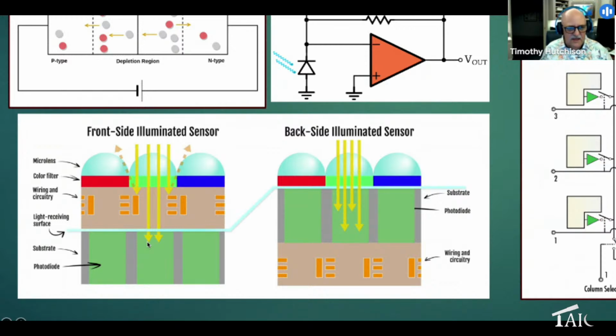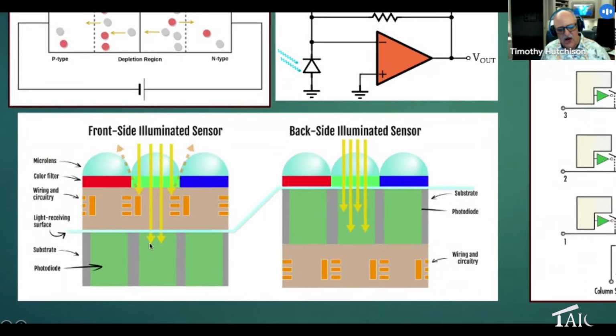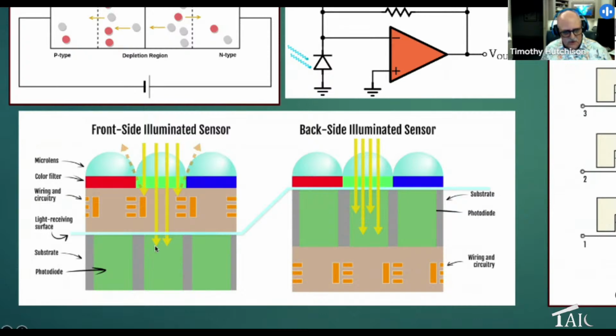And the reason that the quantum efficiency is so much higher in the newer sensors is because they've taken this wiring and circuitry and flipped it around to the back of the sensor, right? And so this stuff is now flipped over to the other side. The photons of light have a clear path from the micro lens right into the photodiode, and nothing is getting in the way. Nothing is causing those photons to bounce off and bounce out of the way.